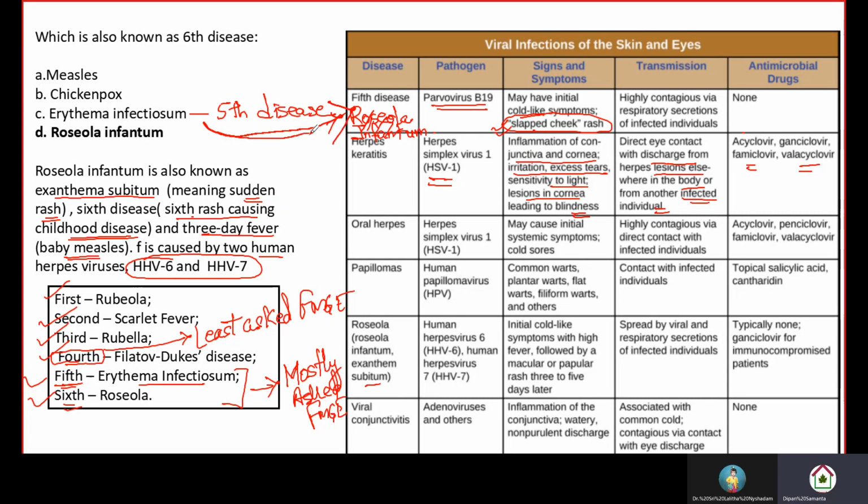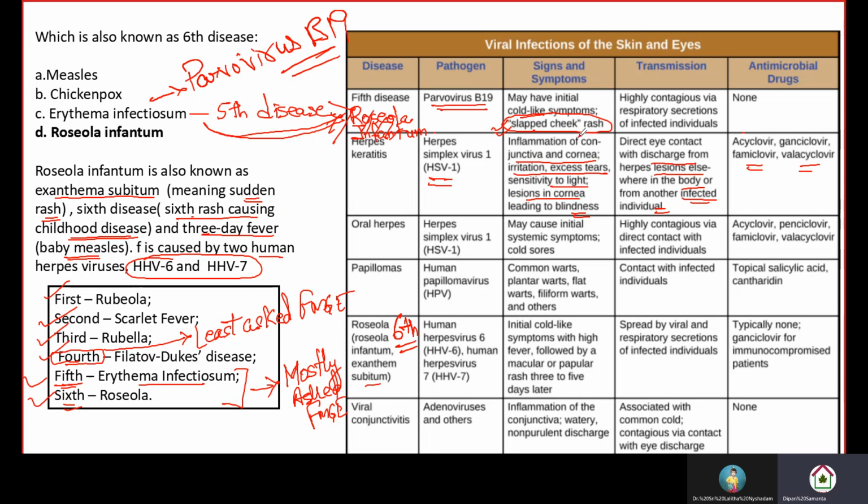Erythema infectiosum is caused by parvovirus B19. And this is the sixth one.